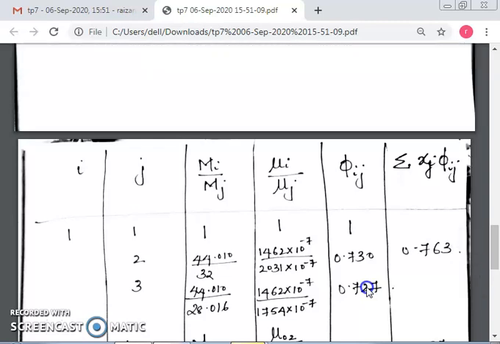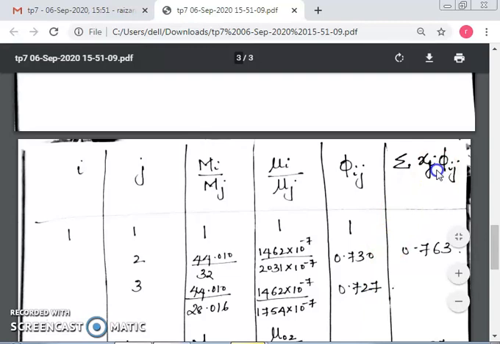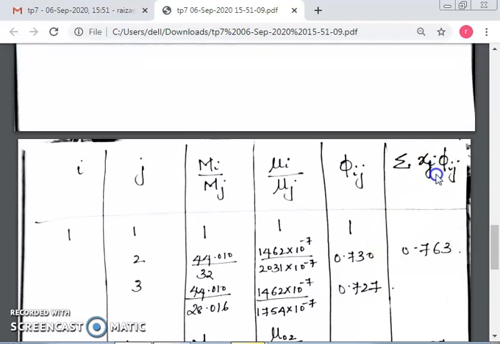0.727. Next you have to determine the value sigma xj phi ij. So, xj here means, so this phi ij here the value is 1 and here the j is for 1, that is carbon dioxide.